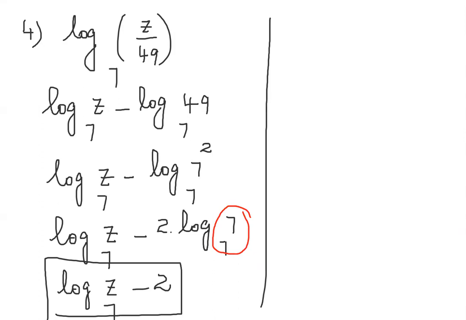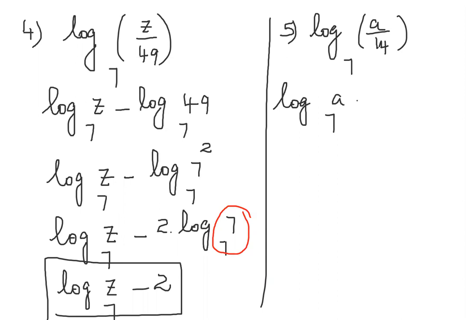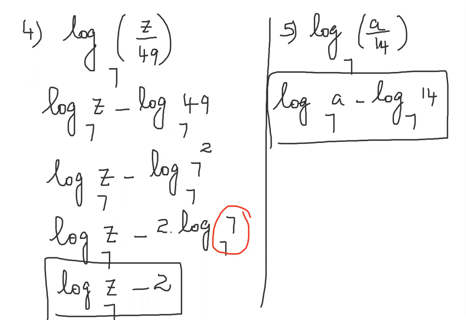Next, problem number 5, we have log to the base 7. So it's going to be log a to the base 7 minus log 14 to the base 7. We can't do any more simplification. This is our answer. Number 6, we have log 100 over (x plus y).